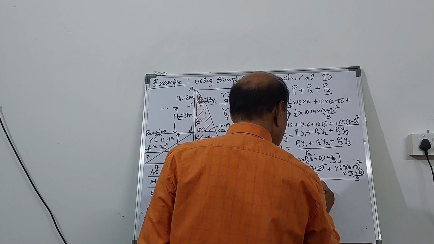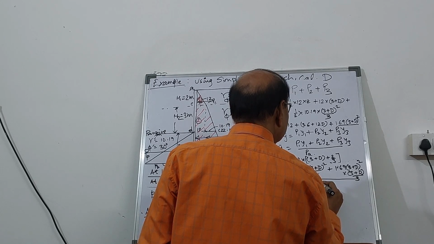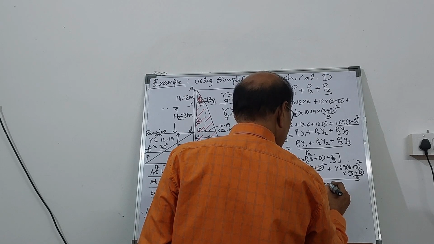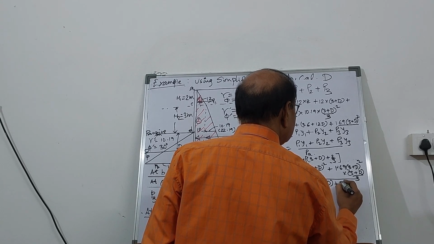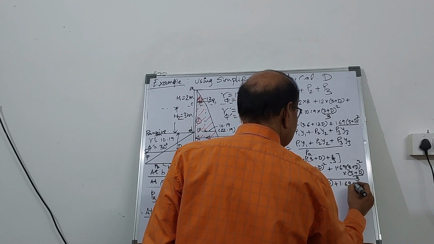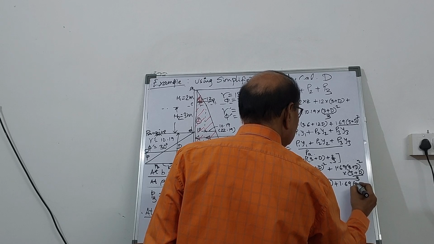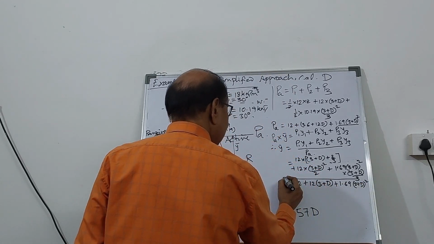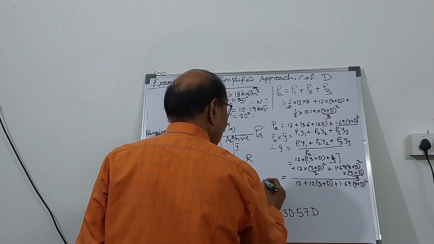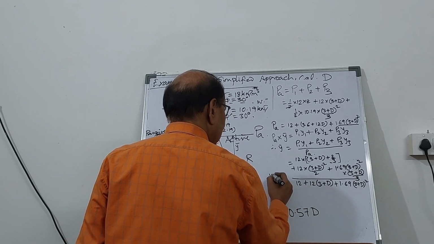Plus 12 into (3 plus d) plus 1.69 into (3 plus d) whole square. So this is the value of y bar.